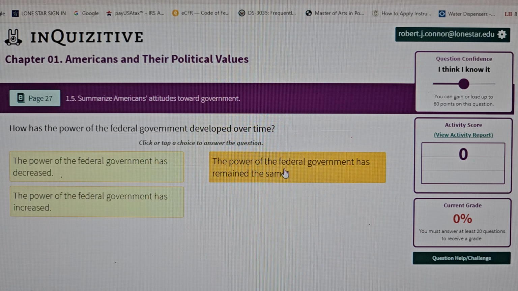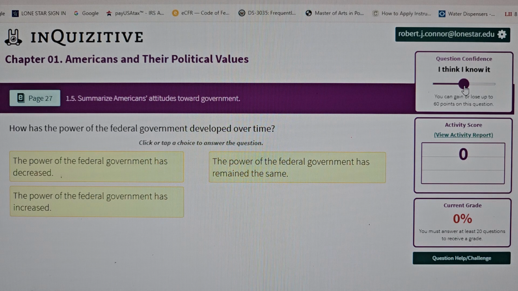But before we make any choice, we go over here to this little thing where you can decide how much you want to bet that you can get this one right. So this is kind of like if you ever watch the TV show Jeopardy, it's like the Daily Double. You decide how much you want to bet, and if you're right, bingo, you get a lot of points.